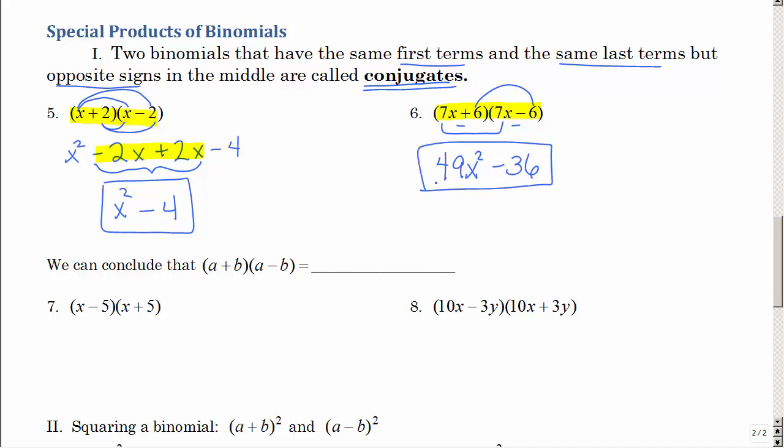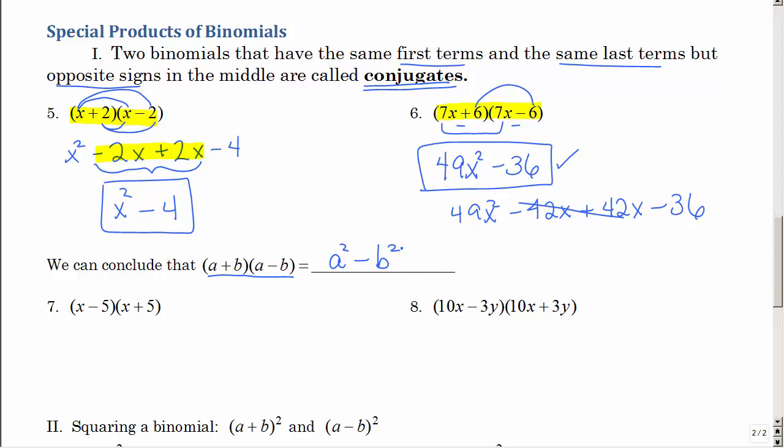But if you're not sure, you can still do the first, outside or outer, inside, last, and those middle terms will add to 0, and you get back to that. So if you can recognize that pattern, and it really is good if you can, that we can see if we multiply two conjugates, your answer is always going to just be a squared minus b squared.